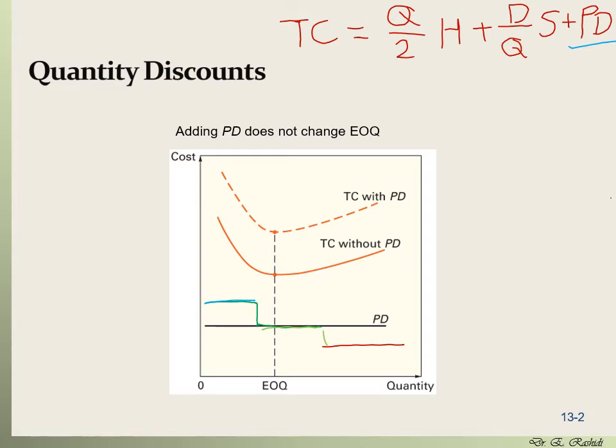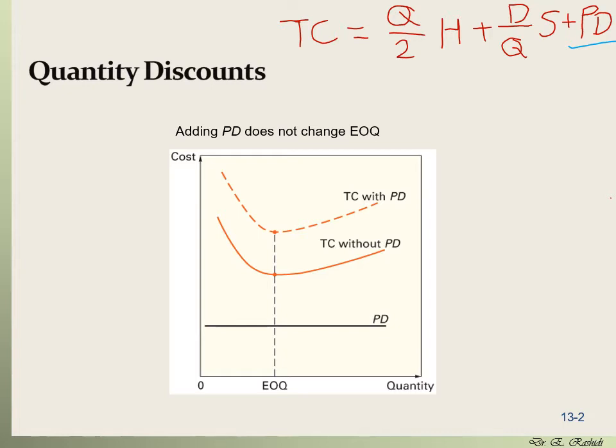This means that considering the PD, the total cost plot or graph would be a different shape than you see here. So that's why, when the price changes, that means when you have a discount in your system, which is a reality, you can have a quantity discount when you order in bulk.